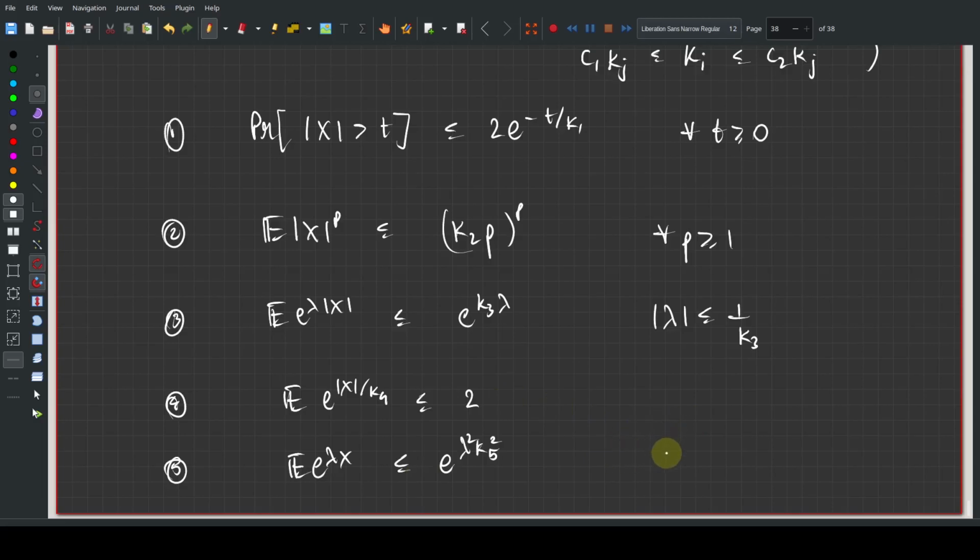But this holds only for lambda in a certain range, up to 1 over, let's call this K6. Alright. So the point is that all these 5 conditions are equivalent.